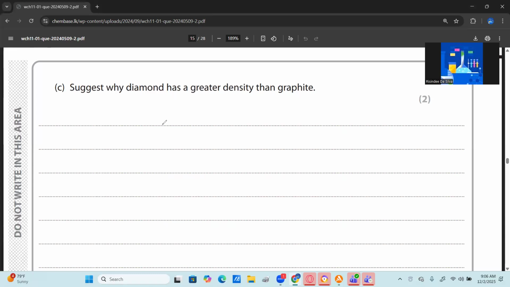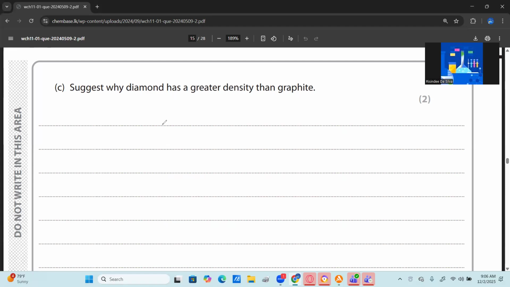In the marking scheme, they have given, in diamond, all the carbons are bonded to each other with no gaps. In graphite, there are layers that are further apart than the carbon to carbon bonds in diamond.